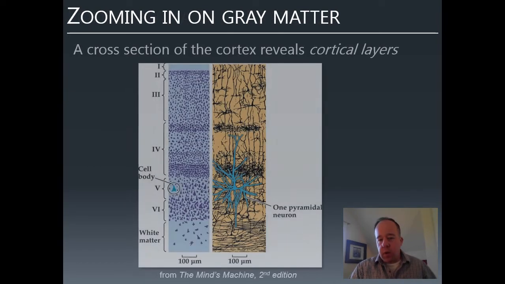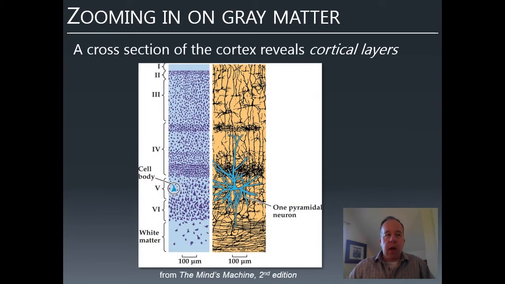So if we look a little bit closer, we see that gray matter is not just a uniform mishmash of different neurons. It has organization. And I'm not going to belabor this here, but if you take a microscope and you look at gray matter, it's organized into what are called cortical layers. So we look at the cortex, that gray matter layer on the outside of the brain, and we see that the cell bodies, the soma of different neurons, cluster together.